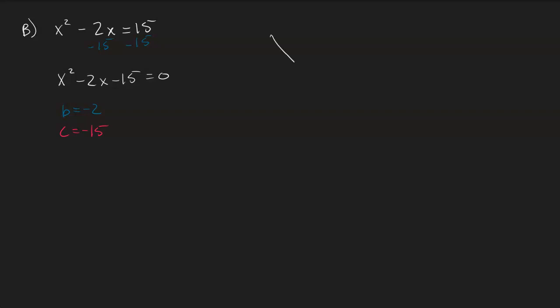Using that x method, I know that I put my a times c up top. Well, 1 times negative 15 is going to be negative 15. And then I put my b down below. That's negative 2. And now I have to come up with two factors of negative 15 whose sum equals negative 2.